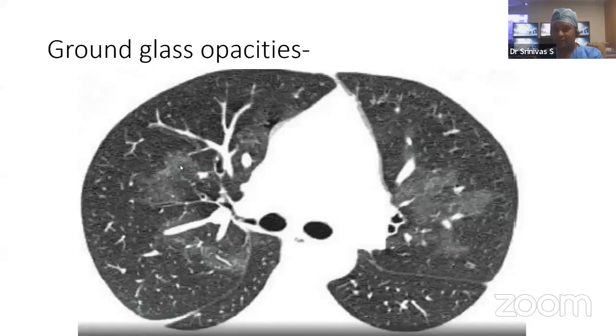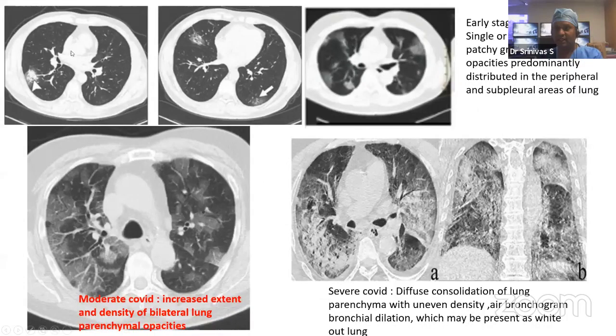So we will elaborate on this ground glass opacification with regards to COVID. In early or mild COVID, these three CT slices show single or multiple scattered patchy ground glass opacification predominantly distributed in the peripheries, not in the center, and in the subpleural area of the lung.